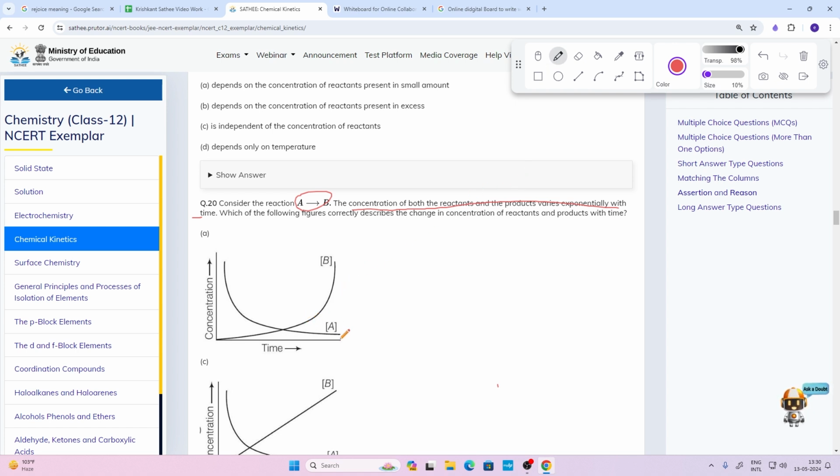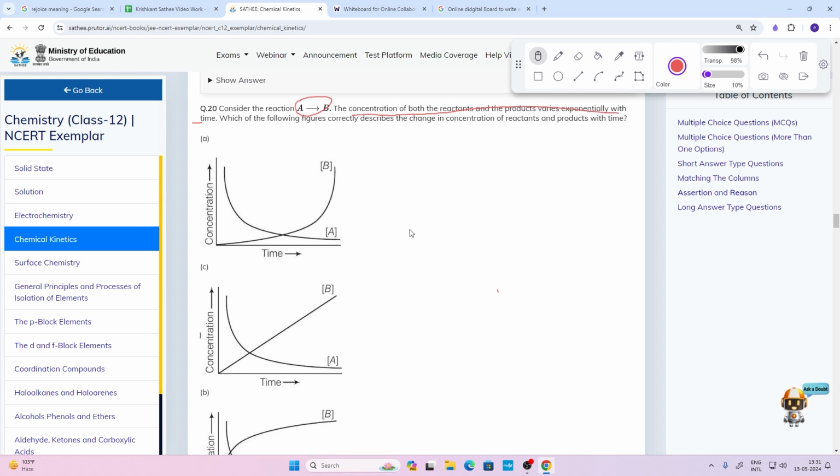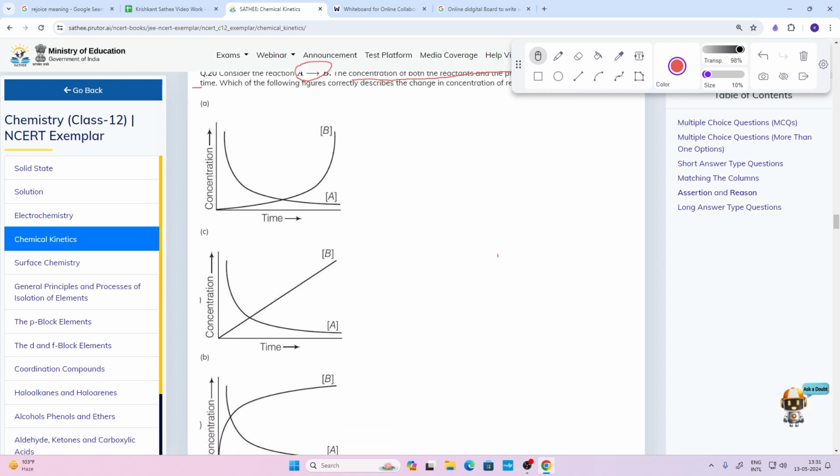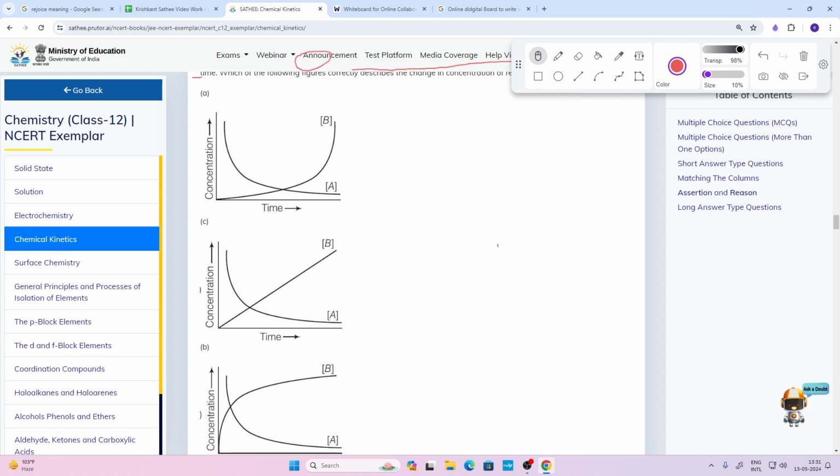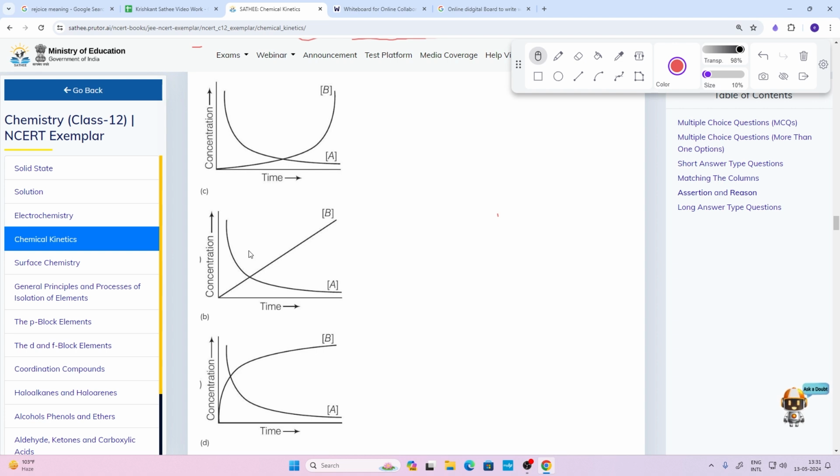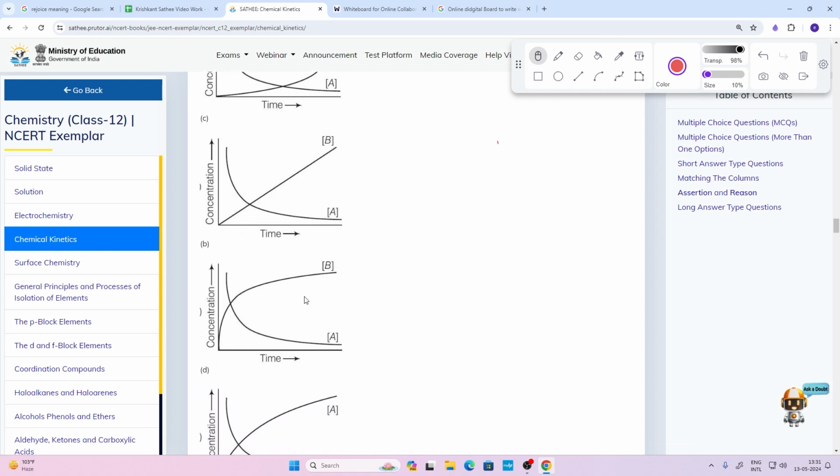A is not correct, right? Is this correct? Of course A is decaying exponentially, but B is increasing linearly. So this is not correct. C is correct, because both are decreasing and increasing exponentially only. So B is the correct option.